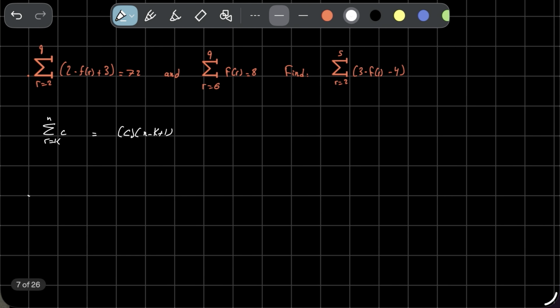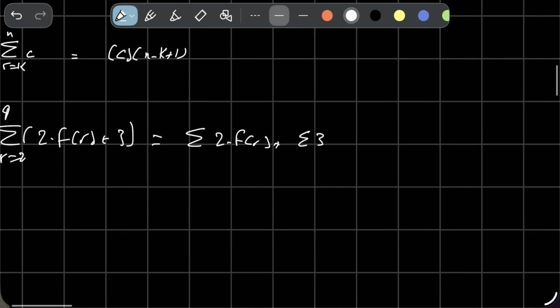First we have the sigma of r equals 2 to 9 of 2 fr plus 3. Of course, first I will distribute the sigma here and here. So we will be left with simply sigma 2 fr plus sigma 3.